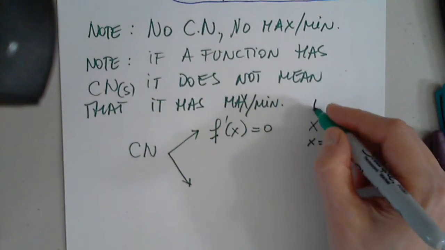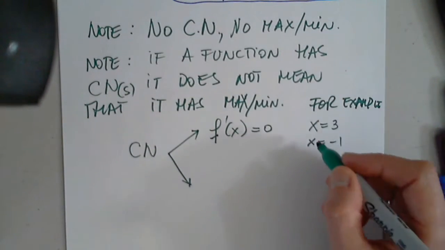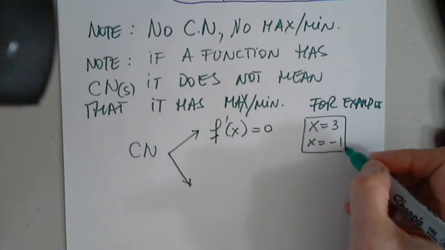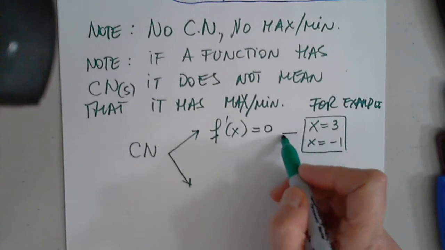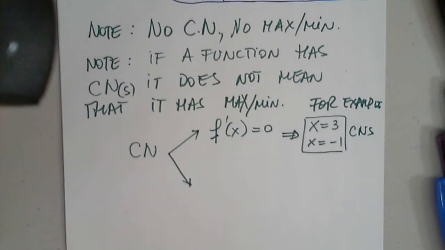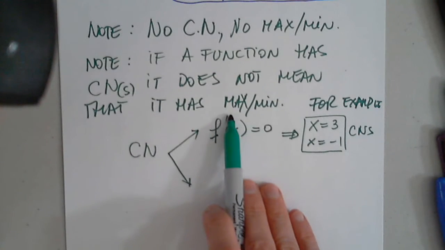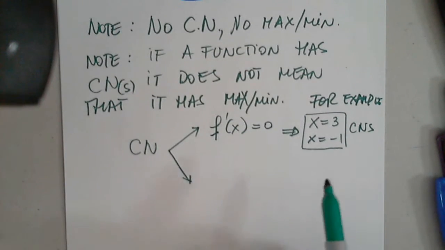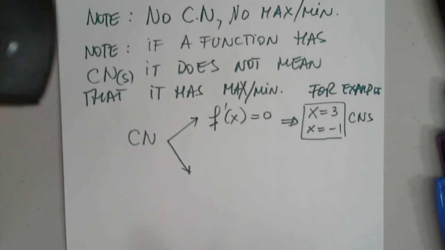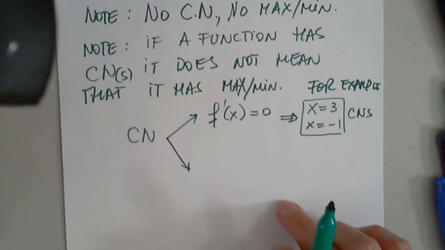For example, from solving the equation, I obtain these. For example, these two are critical numbers. Will these become points of max-min? Not necessarily.